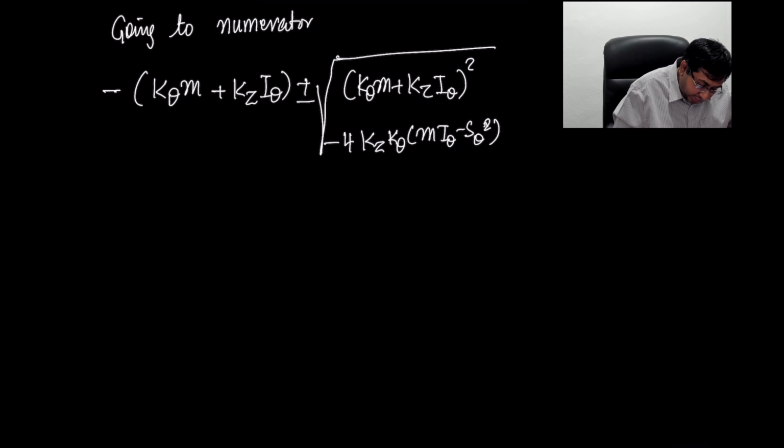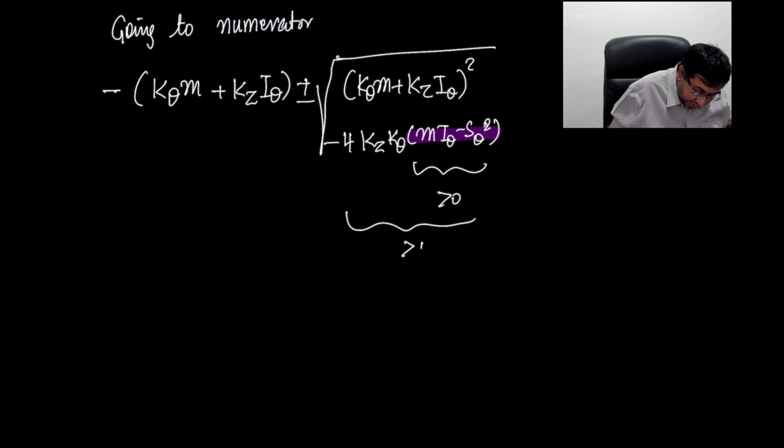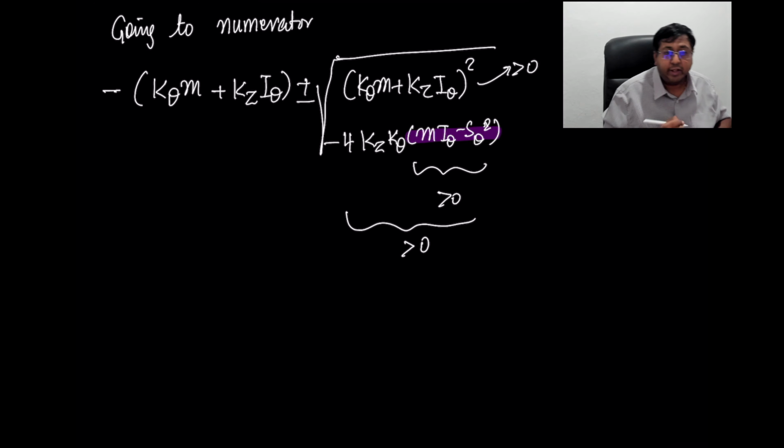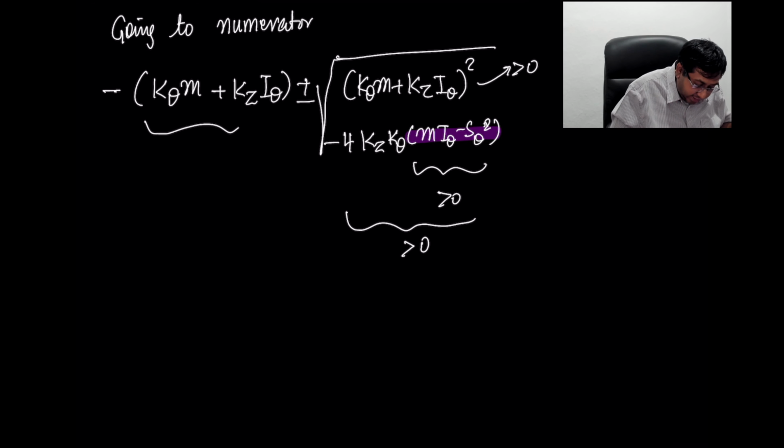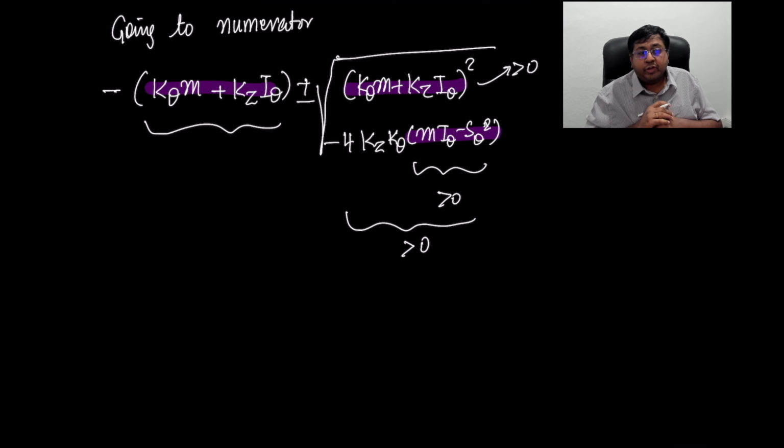This term, m theta into S theta square, we already found out is also our denominator, which is greater than 0. This is a squared term, so this should be greater than 0, and this term is the same as this term here.